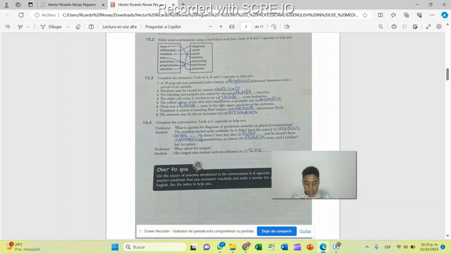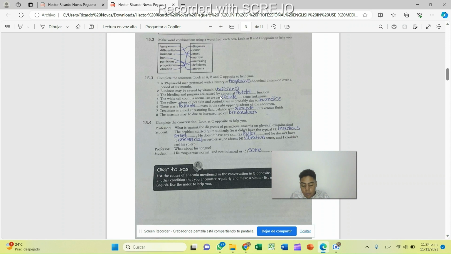The bleeding and purpura are caused by thrombocytopenia and platelet transfusion. 4. The white cell count is normal, so we can exclude acute leukemia. 5.